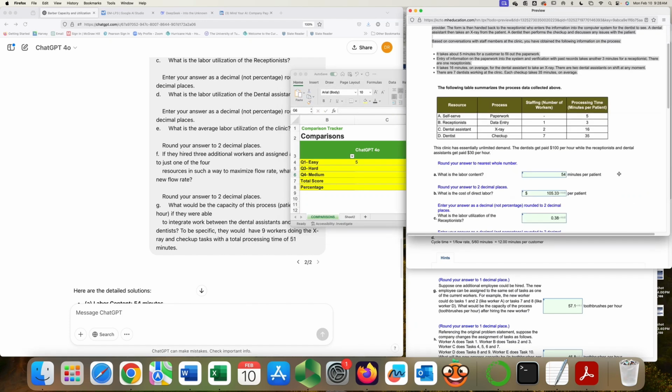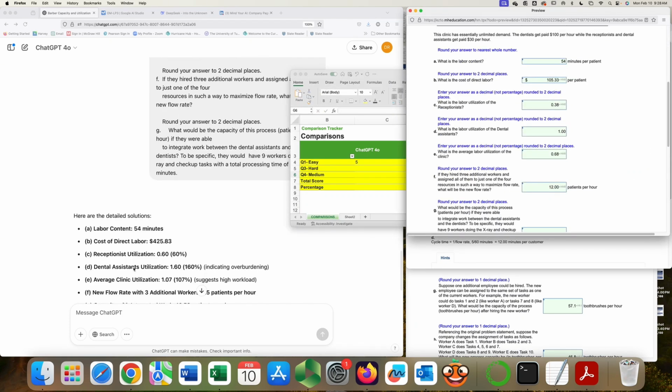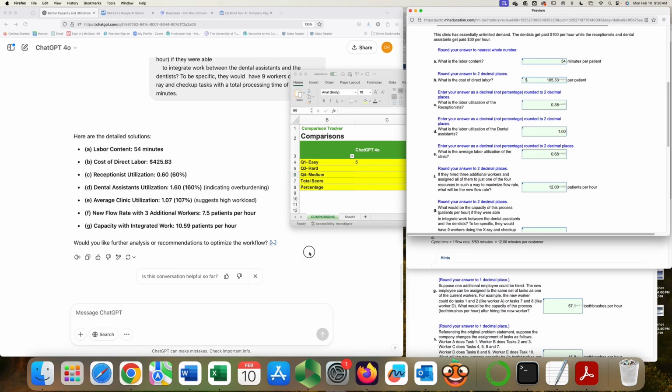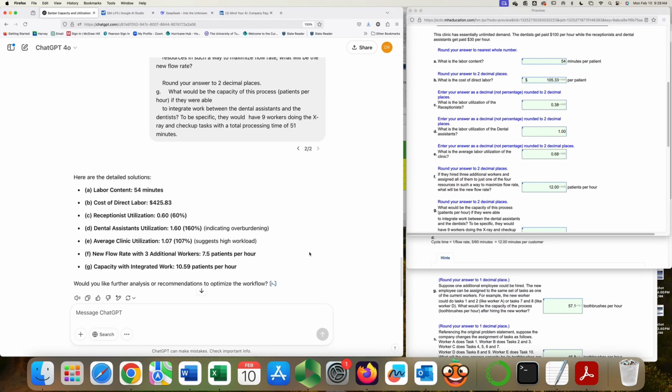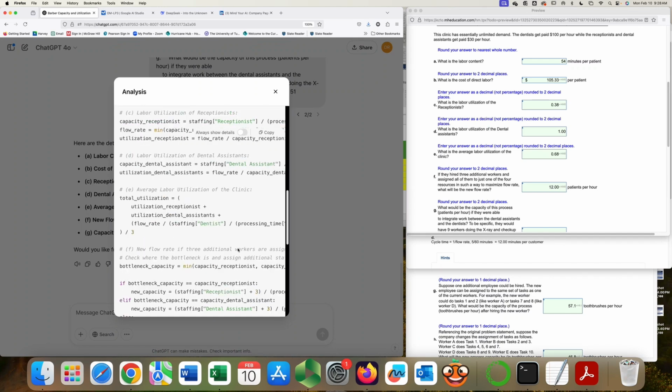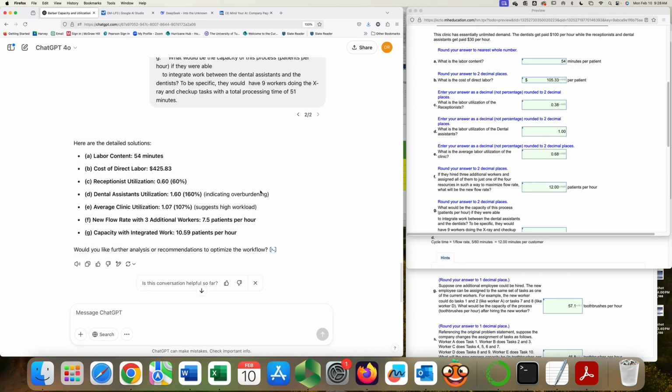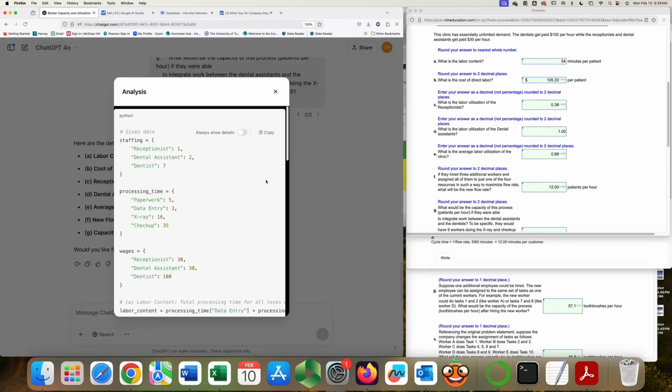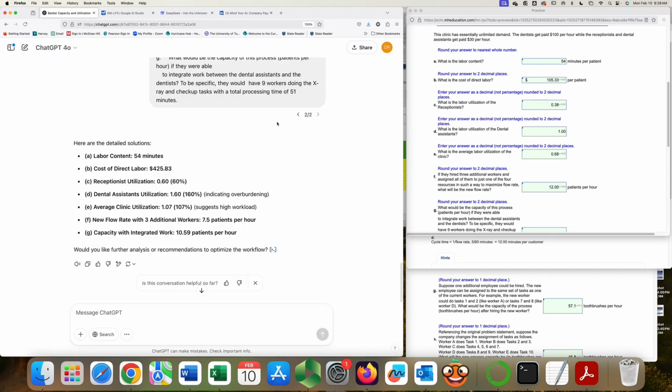So let's see the answers from ChatGPT. It doesn't really give an explanation. I think we can see the code, but it doesn't give an explanation. Probably if I ask, it will give more explanations. But let's compare the answers. The first one is 54.